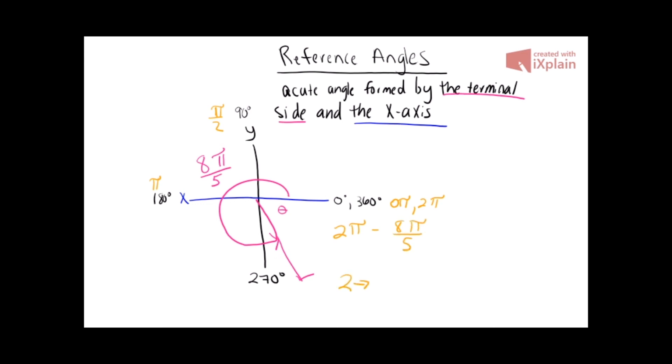Now, I know that 2 is the same as 10 over 5, so I can change that 2 to a 10 over 5 so that I can get my common denominators. Now, 10 pi over 5 minus 8 pi over 5, and I get 2 pi over 5. So my reference angle is 2 pi over 5.